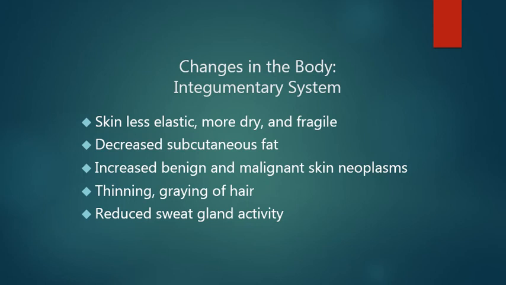For the integumentary system, their skin is less elastic, it's more dry and fragile, decreased subcutaneous fat. Therefore, their skin will tear and they readily bleed. They will have a lot of open wounds, a lot of bruises because of the very things we just spoke about.